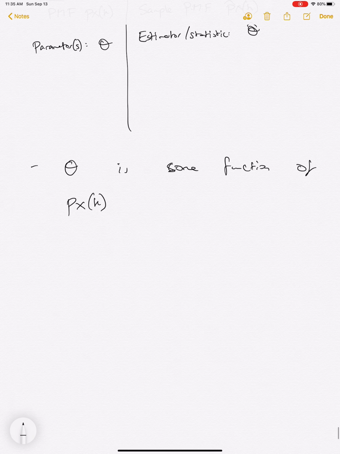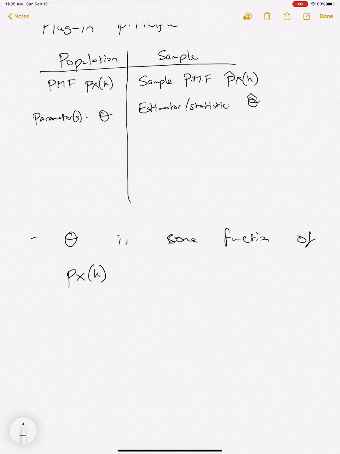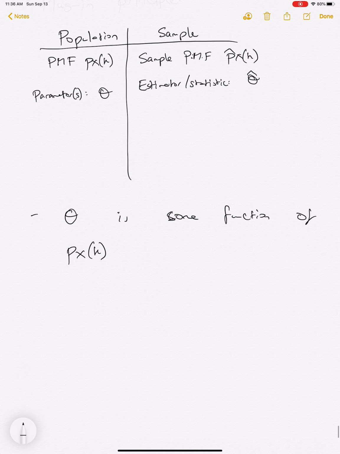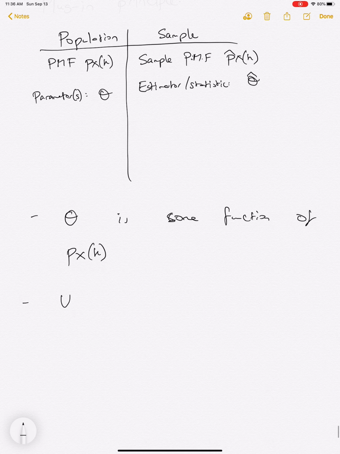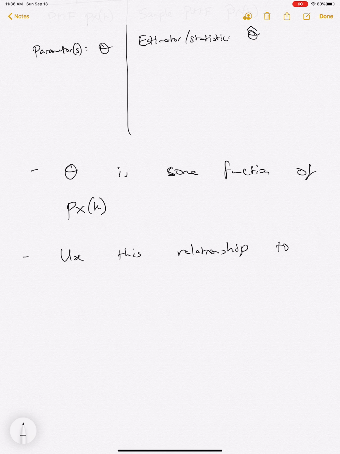So the general idea behind the plug-in principle, which we're going to see in this lecture and the next couple of lectures, is that you can express theta as some function of px of k, and then use this relationship to learn theta hat from p hat x of k.